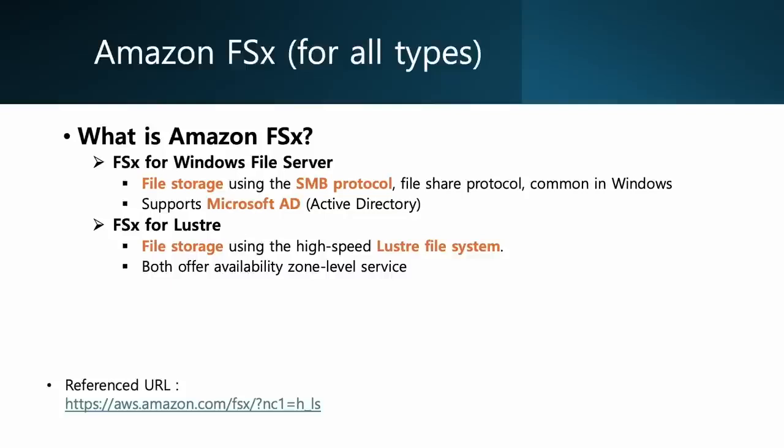It is available for Windows as well as Mac OS. It also supports Microsoft AD, Active Directory. Second is FSx for Lustre, a service that provides file storage using a high-speed Lustre file system. The Lustre file system is a file system suitable for high-performance computing environments.